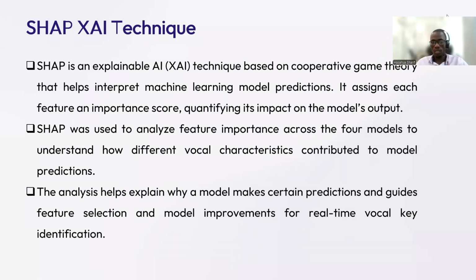For our case, SHAP was used to analyze the feature inputs across the models and understand how the different characteristics contributed to the prediction. The characteristics we are looking into are the harmonics, the fundamental frequency, the MFCC, and the rest. So the analysis does explain why the model makes a certain prediction and guides the feature selection and model improvement for real-time public identification.